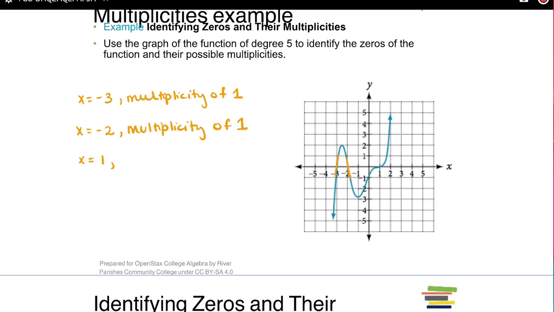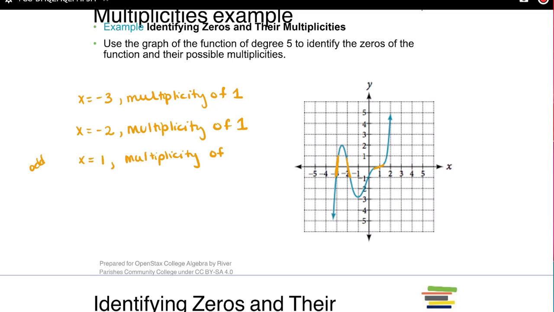And then look at this one. It crosses, so that means it's an odd multiplicity. It's almost flat right there. So this is a multiplicity that is odd, but it's bigger than 1.